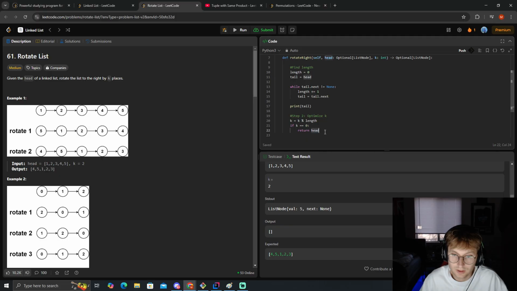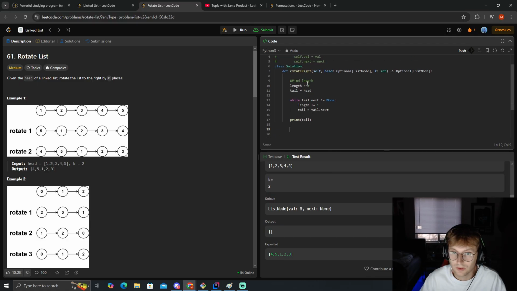So we don't technically need this. Let's skip this step. I understand why we're doing it though. I always get so confused with modulus. If the length is the same as the rotation, then we don't need to. Pretty much, because in this case 5 modulus 5 is 0, so we wouldn't need to rotate at all. So I guess it's just optimization. We don't need to do that though. I want to actually just understand the problem.